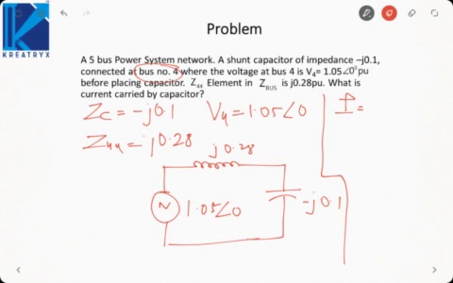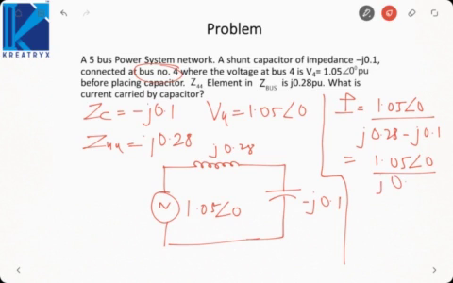Then what will be the current? 1.05 over j0.28 minus j0.1, that is 1.05 upon j0.18, that is 5.83 angle minus 90. So this is the current drawn by the capacitor in this problem. You can assume that the capacitor acts as a fault impedance, as it is connecting the bus to the reference bus through an impedance. So it is working here as a ZF.